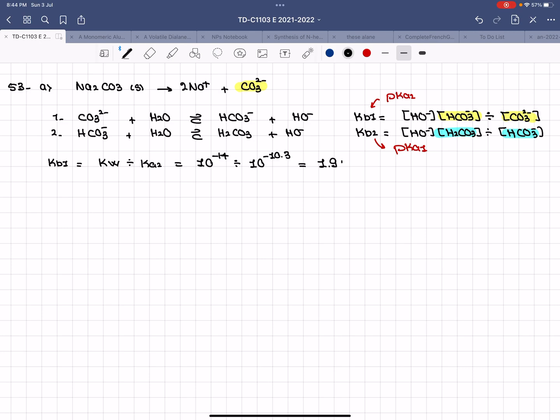This gives 1.99, I think, 5 times 10 to the negative 4, no unit, it's KB. KB2 is KW divided by Ka1, 10 to the negative 14 divided by 10 to the negative 6.3, which is equal to 1.995 times 10 to the power negative 8. It makes sense that KB1 is greater than KB2.